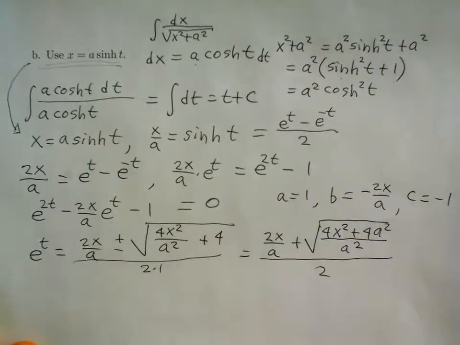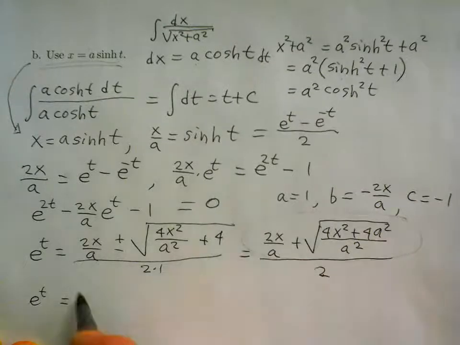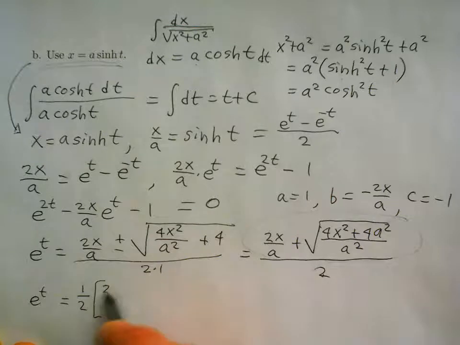And so in the square root, since we're dividing by 2, that's the same as multiplying this numerator by 1/2. So I'm going to do that here. I'm just going to multiply 1/2 times the numerator. So we'll write 2x over a.